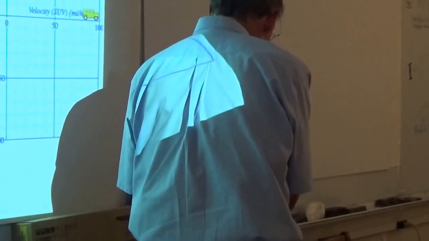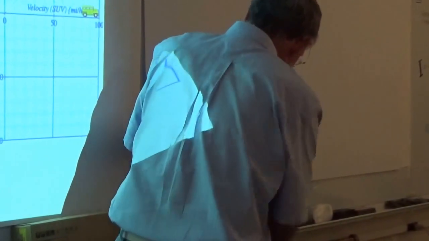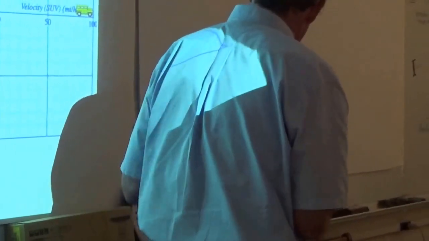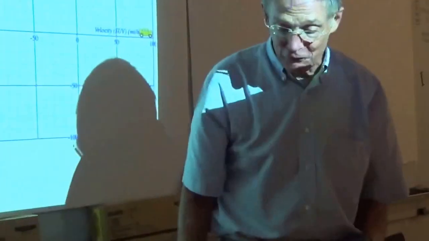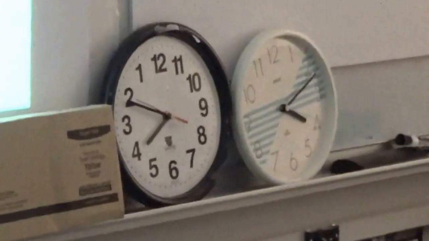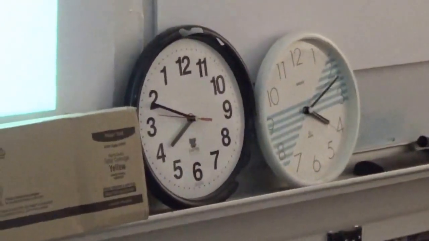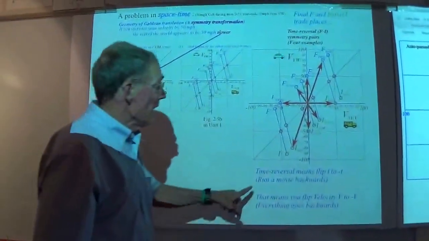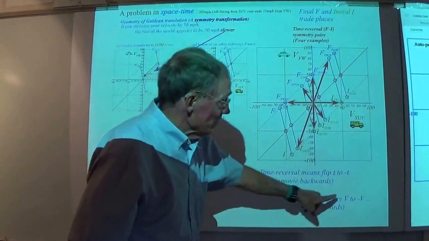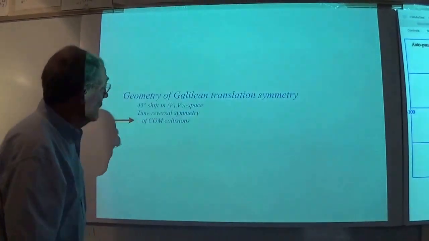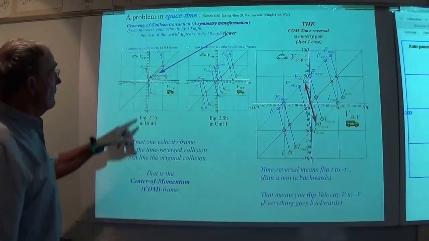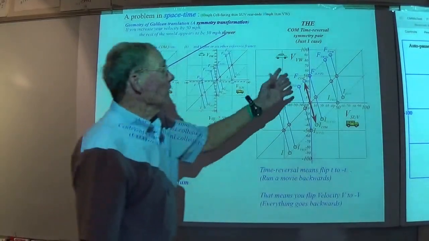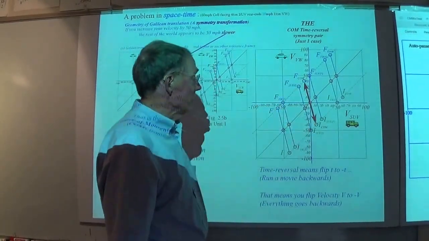So these 2 clocks, one going forward and one going backward, should be mirror images of each other, which is a little piece of geometry that we'll run into later on. Okay, so the idea of this is that this very special thing that we had here, flipping time, means you flip the velocity. The center of momentum, right there, of all the possible reference frames, that one's really special.